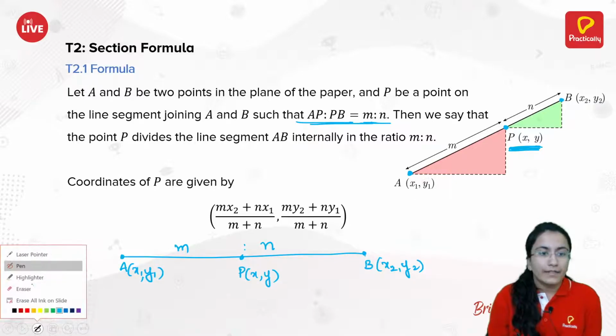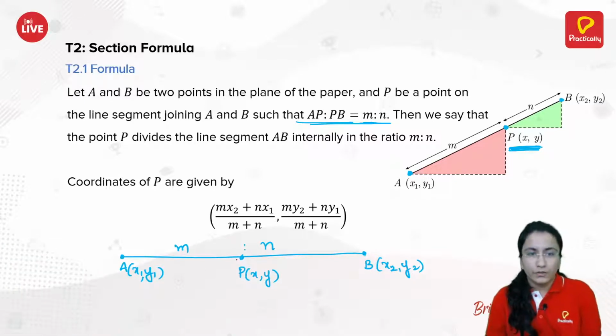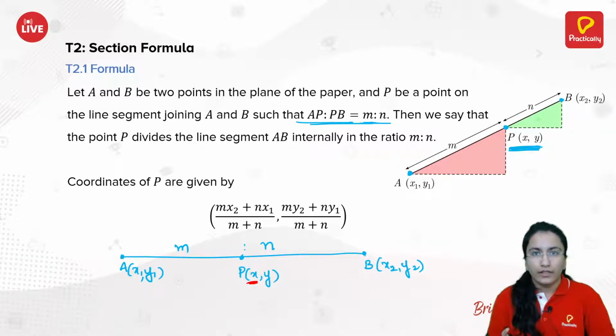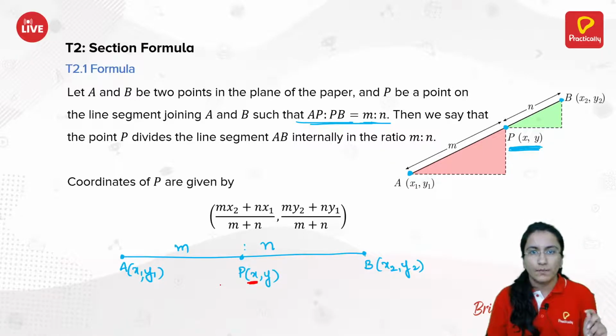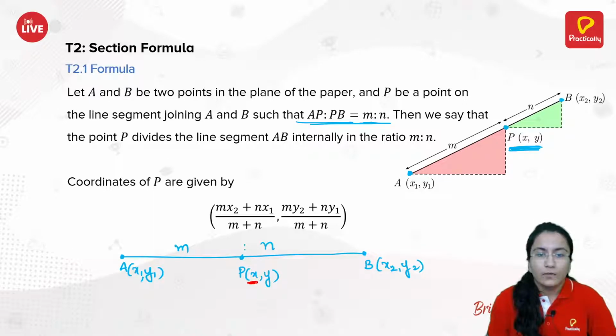For writing the formula, for writing the x coordinate of P, you will use x coordinates of A and B. And for writing the y coordinate, you will use y coordinates of A and B. This is the first thing you need to keep in your mind. For writing the x coordinate, you just need the x coordinates of A and B. For writing the y coordinate, you need the y coordinates of A and B, right? So how will you write x?